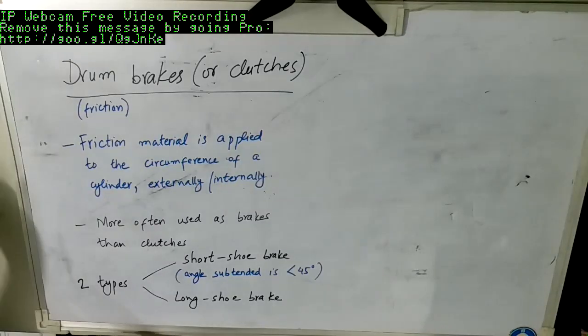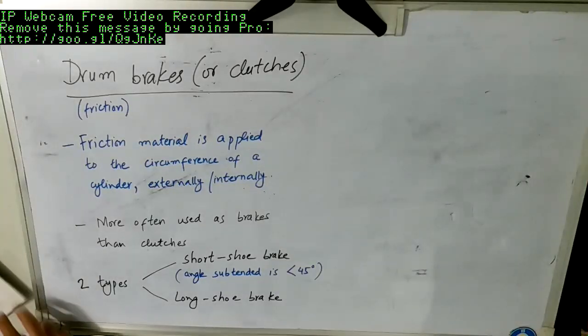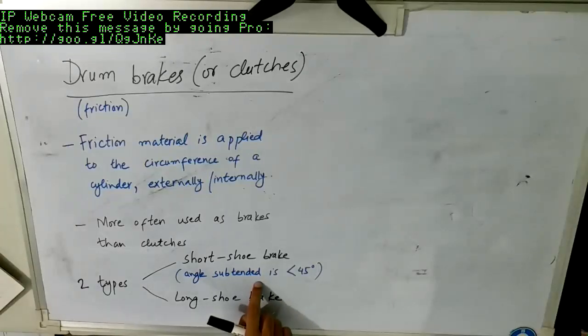So coming back, we are going to start from an analytical expression for a short shoe brake, and then we will move on to some of the problems, and then to long shoe brake.